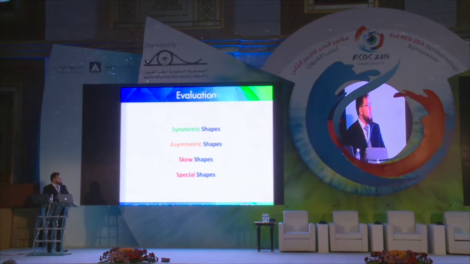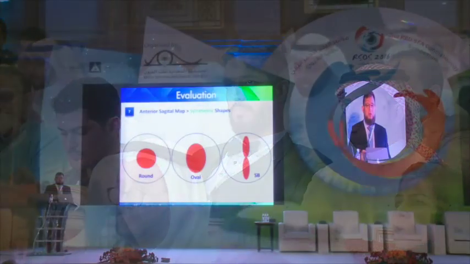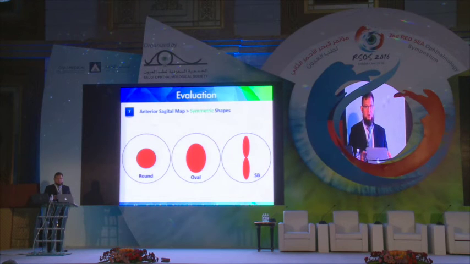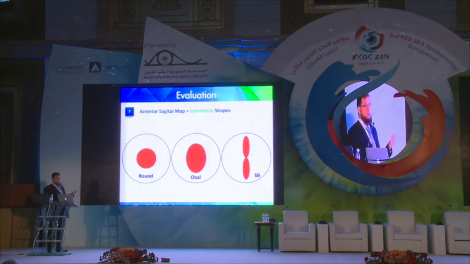I'm going to classify these shapes into symmetric shapes, asymmetric shapes, skewed shapes, and special shapes. So 4 categories. Regarding the symmetric shapes, we have round, oval, and symmetric bow tie. The symmetric bow tie is not the only shape that describes the symmetric cornea. There is oval and there is round also.